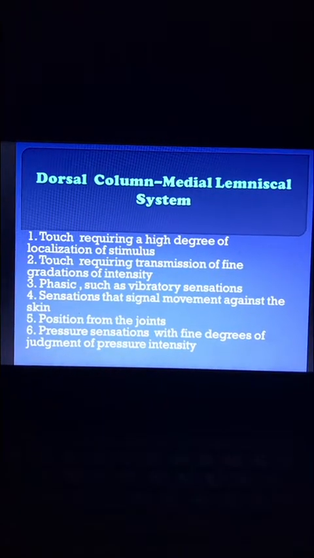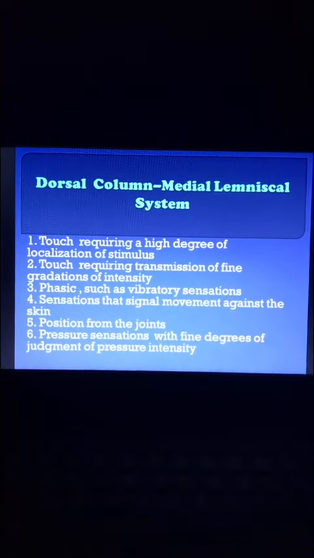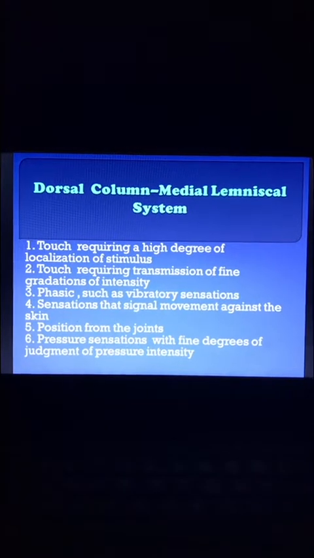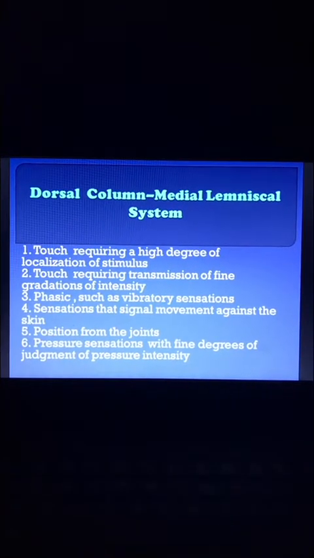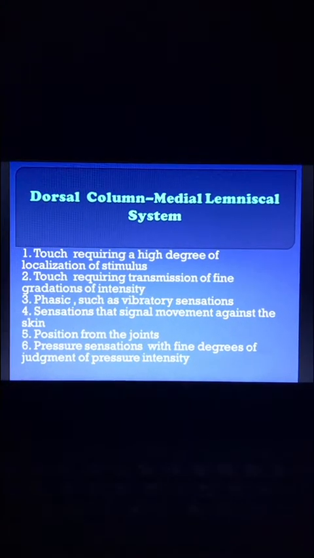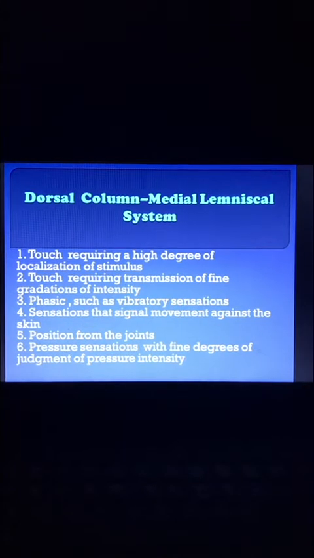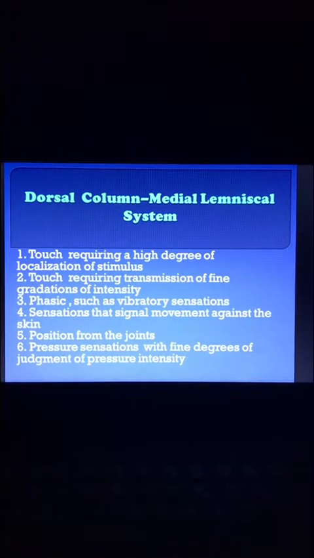The dorsal column medial lemniscal system has many modalities to be transmitted, from 1 to 6. Number 1, touch, which requires a high degree of localization. Number 2, touch, which requires transmission of fine gradations of intensity.